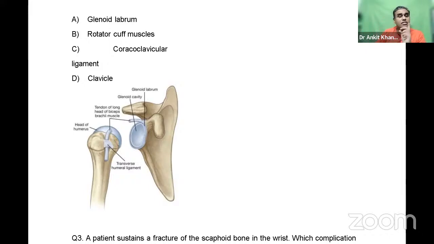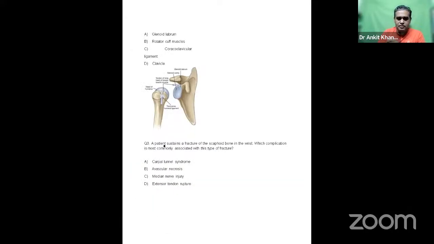So obviously labrum will be the first structure to have some anatomical changes, have some injury. Only then there can be a dislocation. Therefore, the answer over here is going to be the glenoid labrum, option number first.